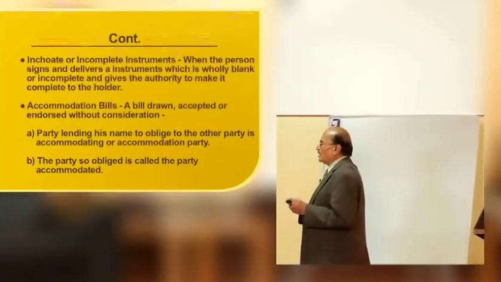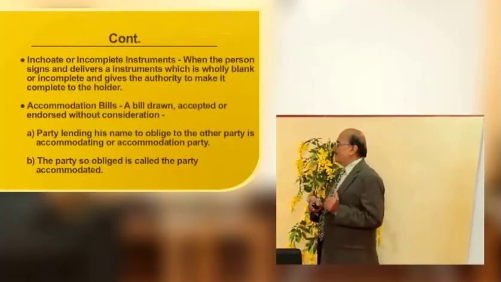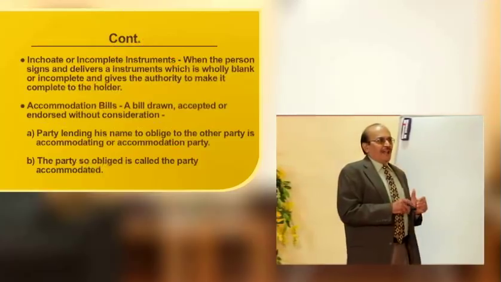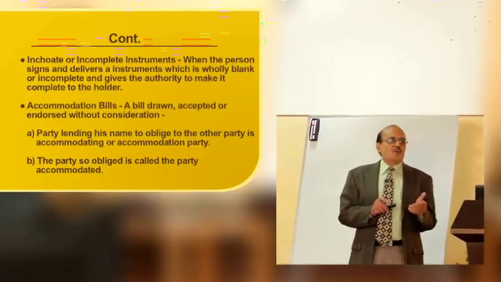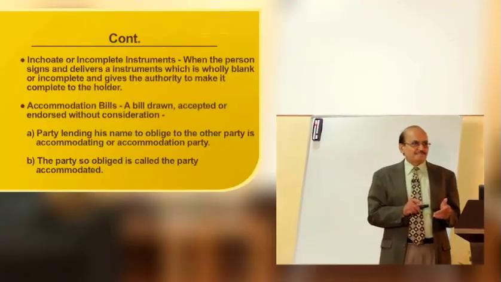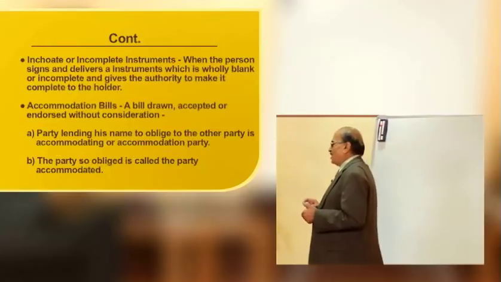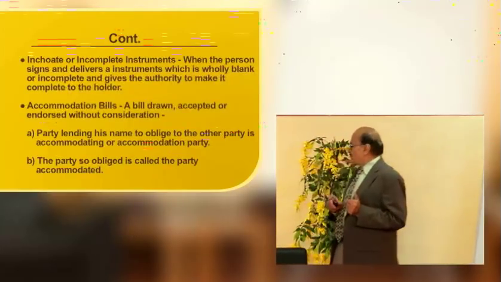Then we also know there are accommodation bills. A bill drawn, accepted or endorsed without consideration, the party intending to lend its name to oblige the other party is called the accommodating or accommodation party. The party so obliged is called the party accommodated.